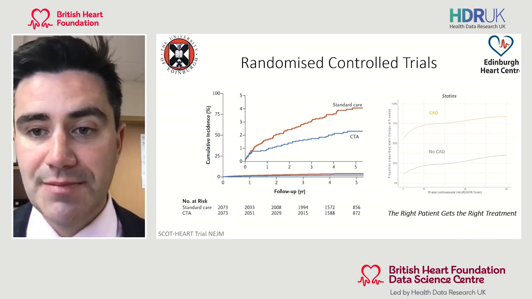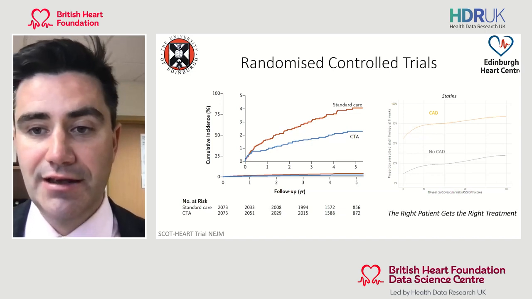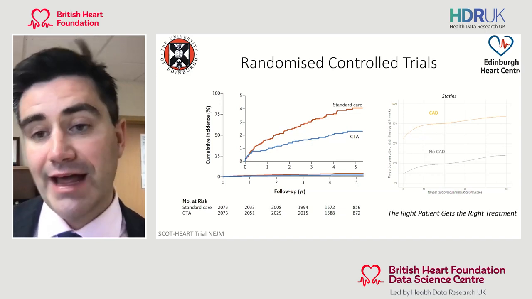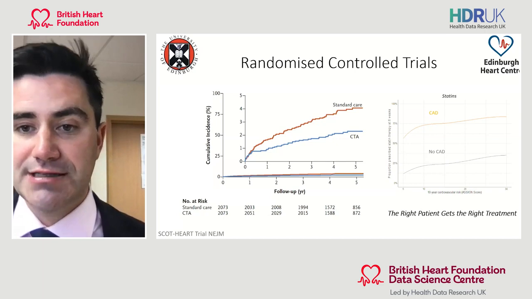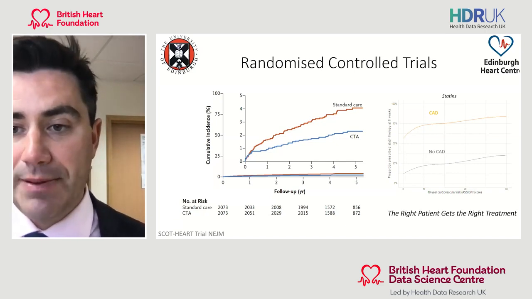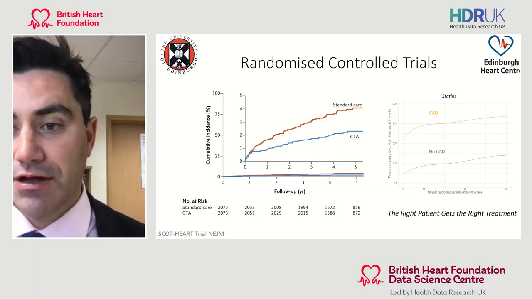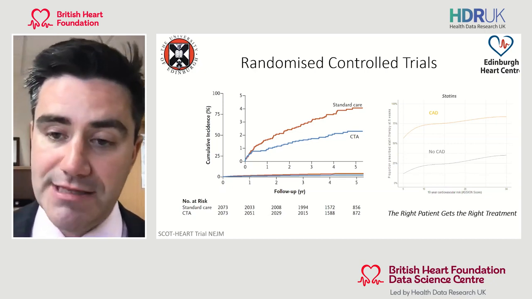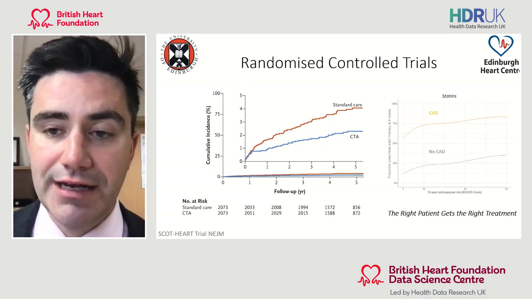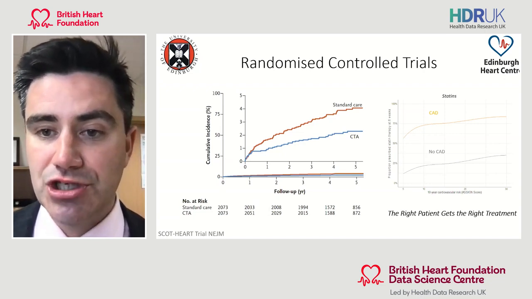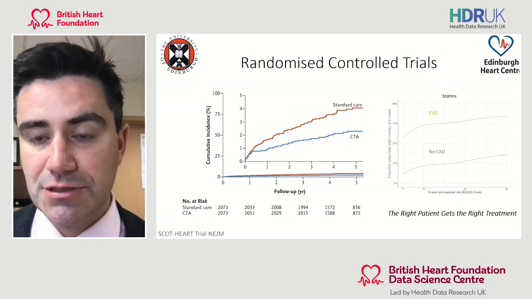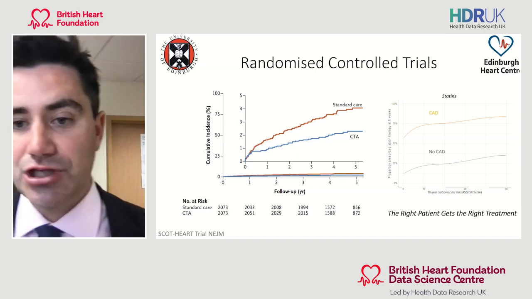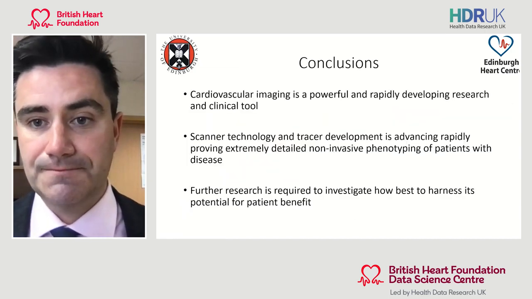So just the simple act of an imaging test can improve patient outcomes. That's because we can use the imaging test to guide therapy to the right patient, more targeted, personalized medicine. So I think there's a great need in imaging to do these trials to show that it's beneficial for patients to spend all this money on imaging and to justify the costs involved.